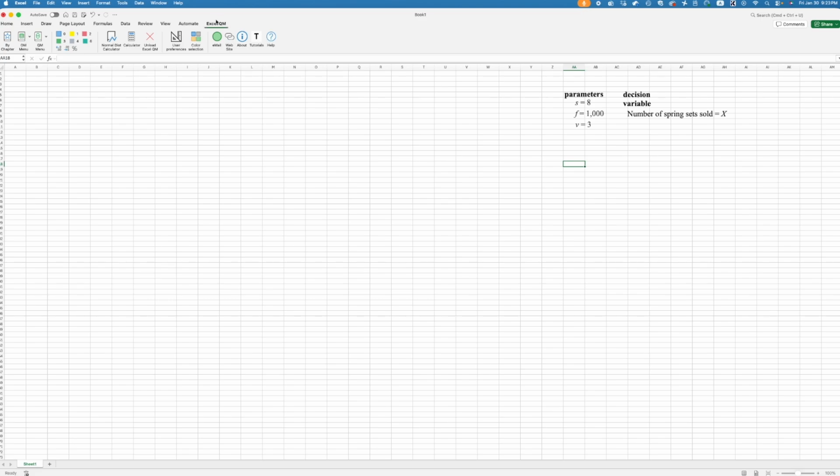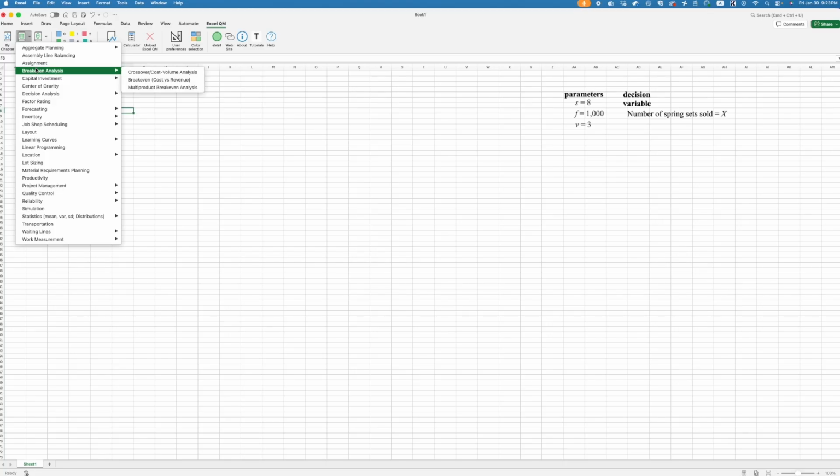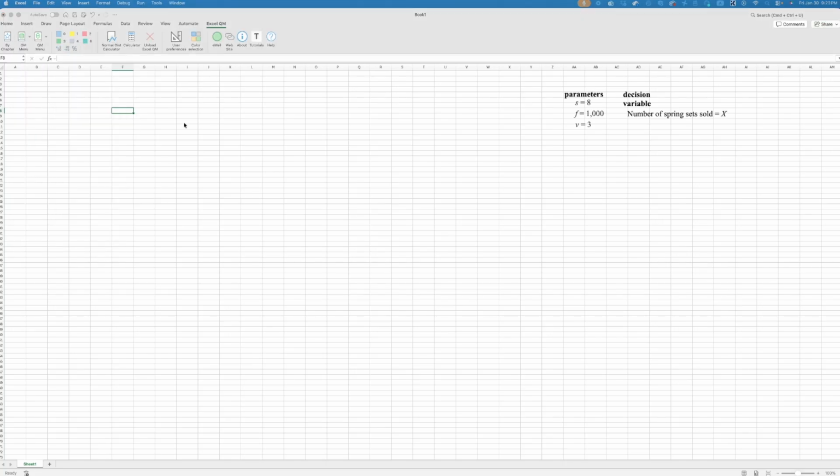Go to the QM in Excel, click on the QM menu, break-even analysis, break-even analysis. I'm going to name the spreadsheet. Let's go with BEP analysis.